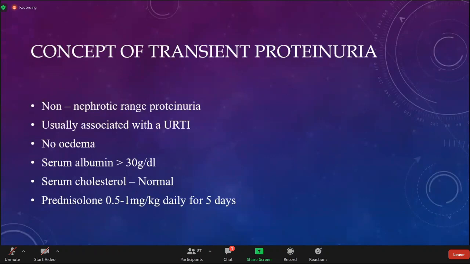If serum albumin is low and there is edema, then it's a relapse, not transient proteinuria. Therefore, don't get confused with these terms. Relapse and transient proteinuria are two different entities. In a relapse, you need to start prednisone at the higher recommended daily dosing. But in transient proteinuria, you can give a short course of steroids, maybe for about 5 days.